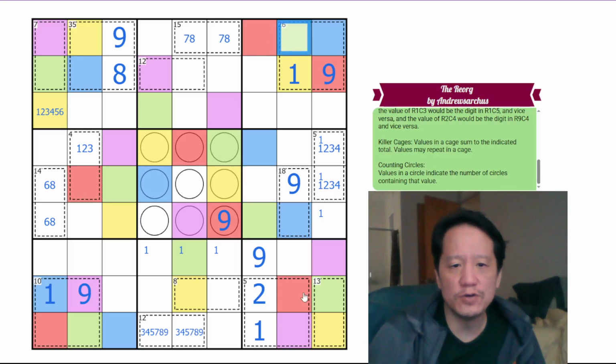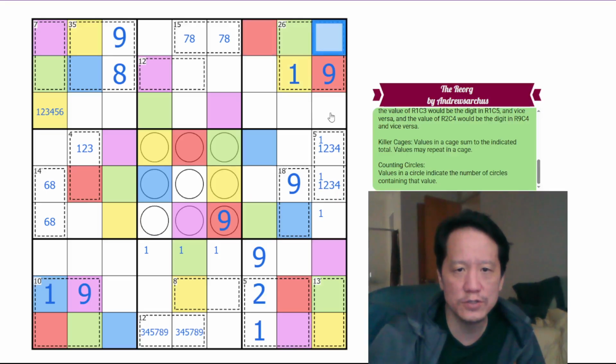So for this one, that swaps those two, so we do care about those. We care about that. Swaps into the cage. So both of those matter. This swaps into both cages. That swaps into a cage, so that matters. This swaps into a circle and a cage.